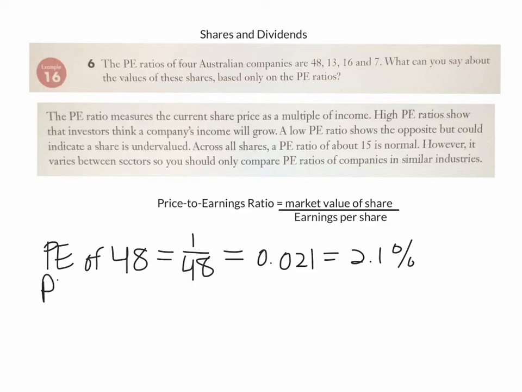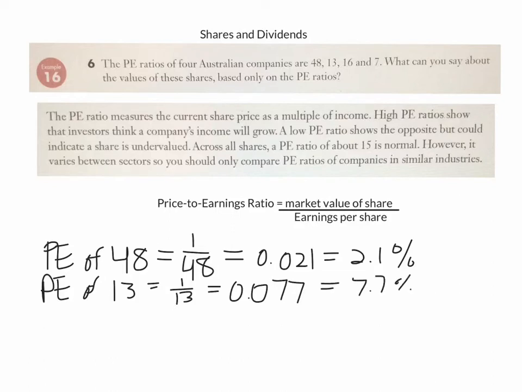Then the next one would be a PE of 13. It's the same as saying 1 over 13, which is 0.077, which is the same as 7.7% interest.